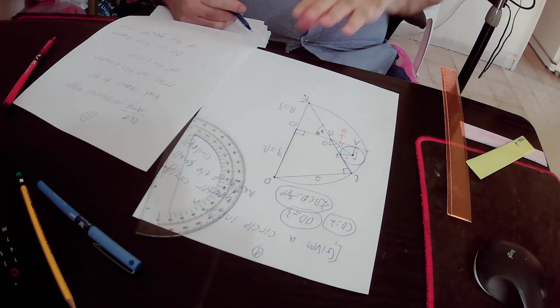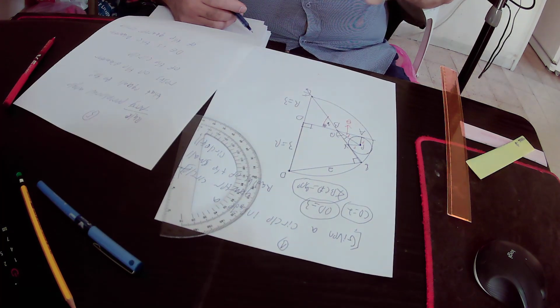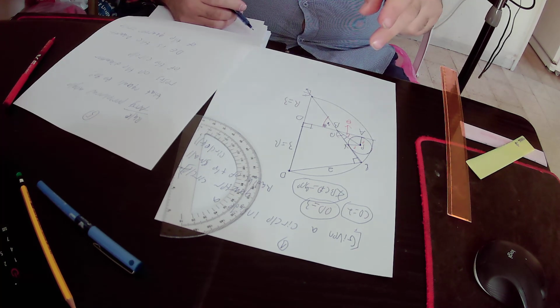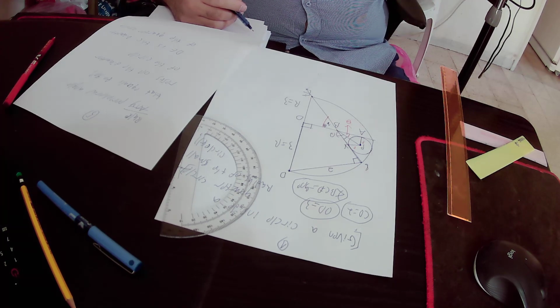And we know that DE is the diameter of the quarter circle and the diameter of the semicircle. Therefore, it is a straight line.